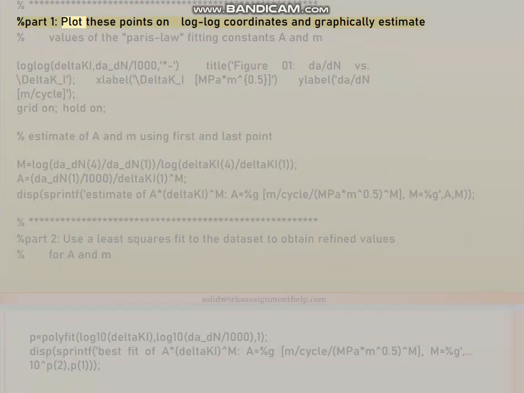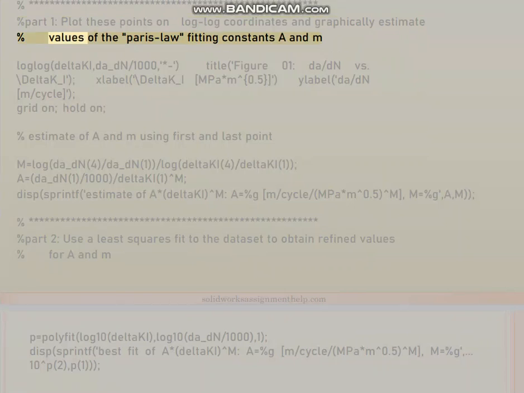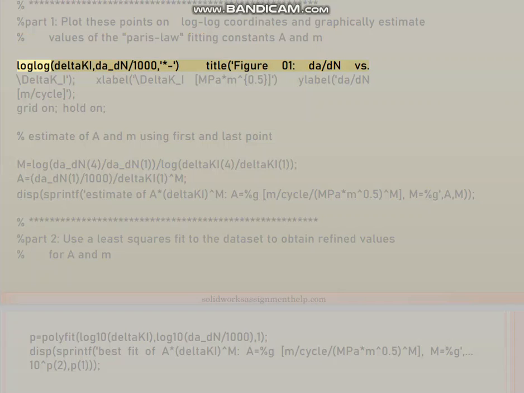Part 1: plot these points on log coordinates and graphically estimate values of the Paris law fitting constants A and m. Log delta Ki, da_dn over 1000. Title Figure 01, da/dn versus delta Ki.